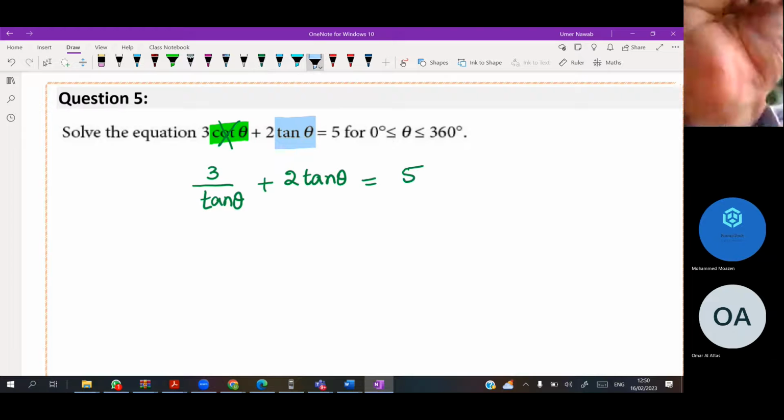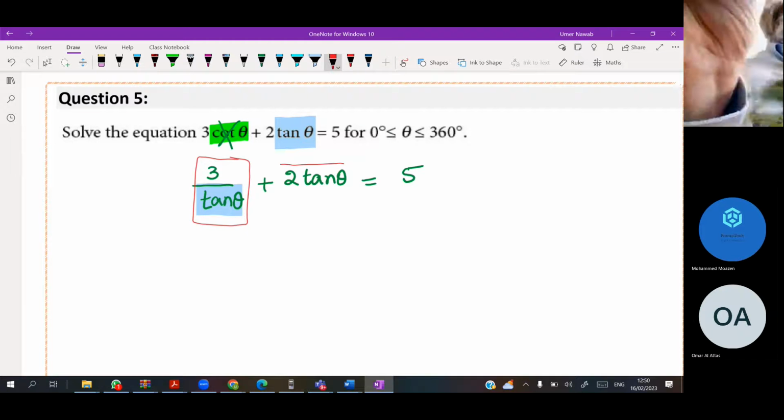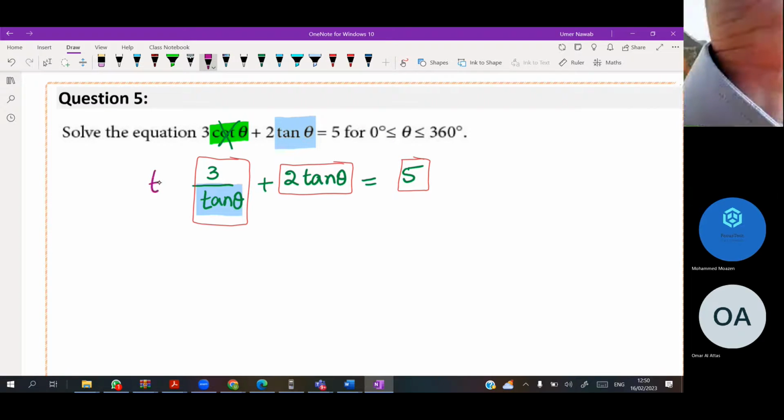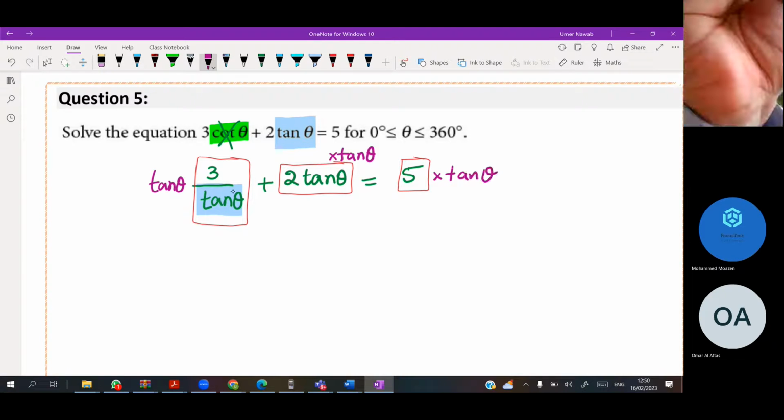I want to get rid of this tan, so I need to multiply every term with tan theta. Now tan theta cancels with tan theta, what is left to me?